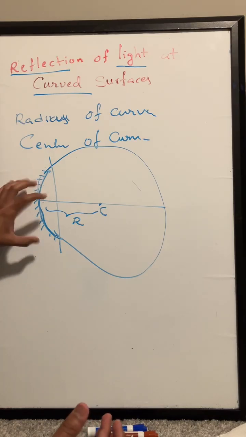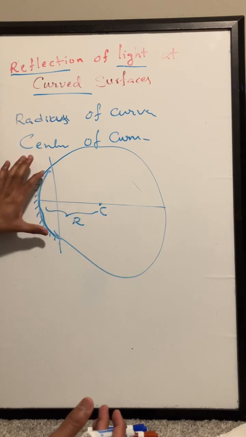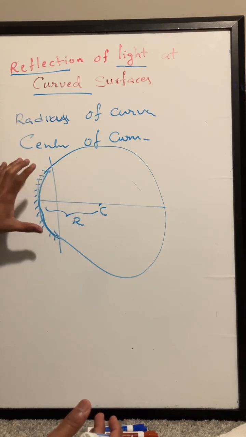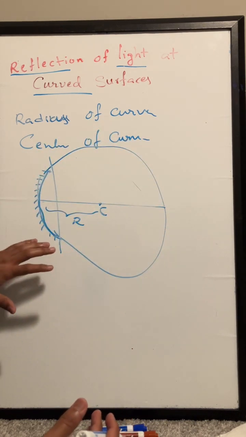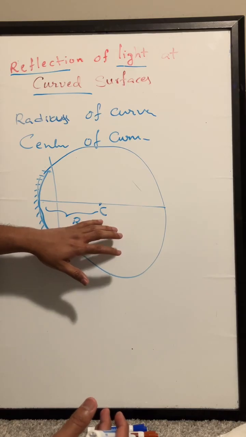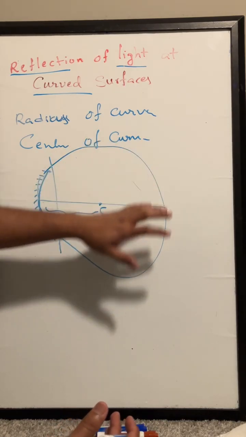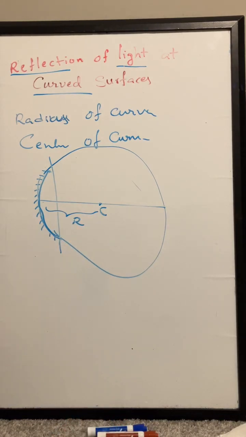So this is the radius of this small curvature. If you make this small upper curvature into a big sphere, where would the center be? That is called the center of curvature. And if you make this big sphere, what would the radius be? That is called the radius of curvature.